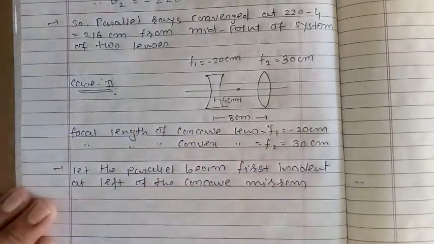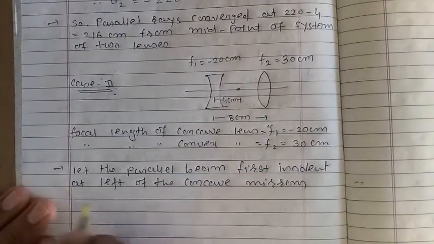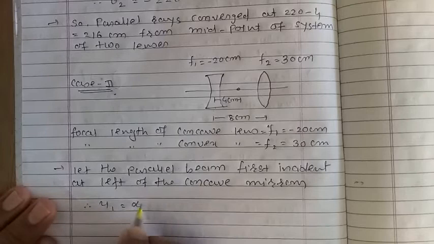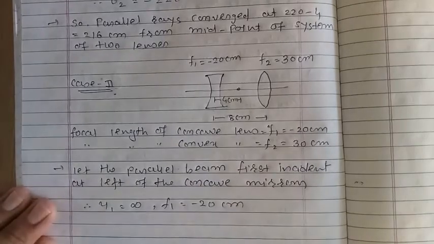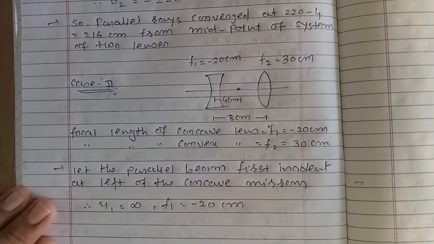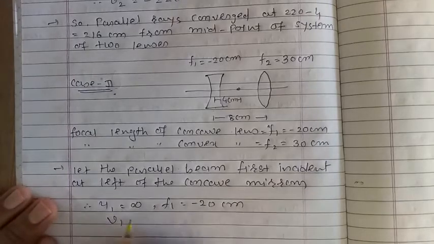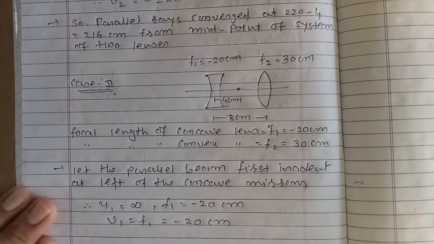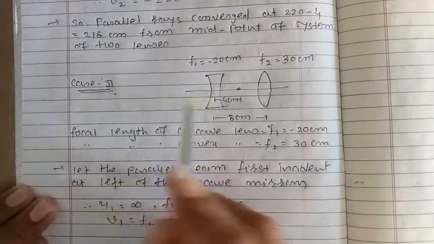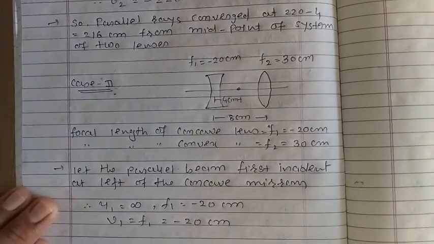So our object distance is infinite, so u1 is infinite, f1 is minus 20 centimeter. Now we know that if the object distance is infinite, then v is equal to f, so v1 is equal to f1 is equal to minus 20 centimeter. So we get an image at 20 centimeter but minus, so we get an image on the left-hand side.